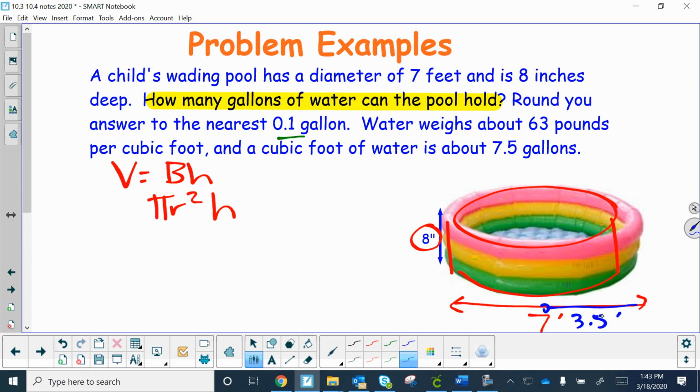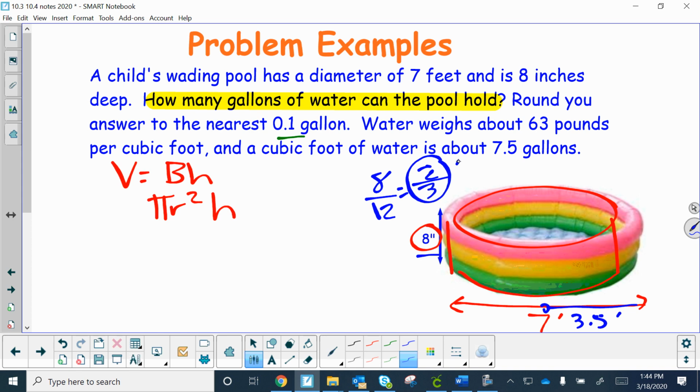So we need to figure out what this is in feet, because we don't really want to use inches. How do you turn inches into feet? It's pretty simple. You just divide it by 12. So that reduces to 2/3. So 2/3 feet is the height of that.